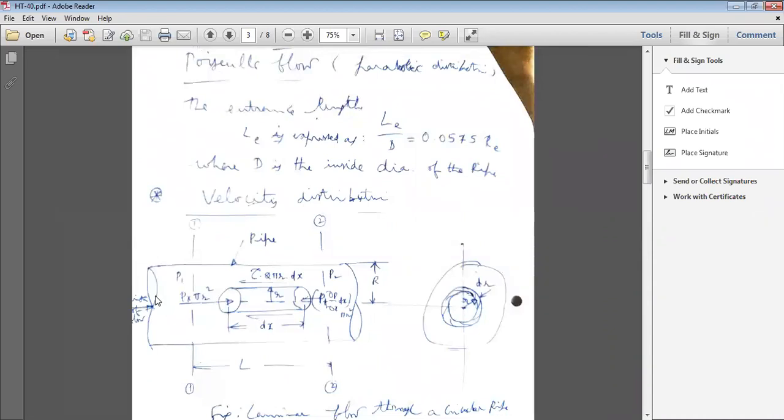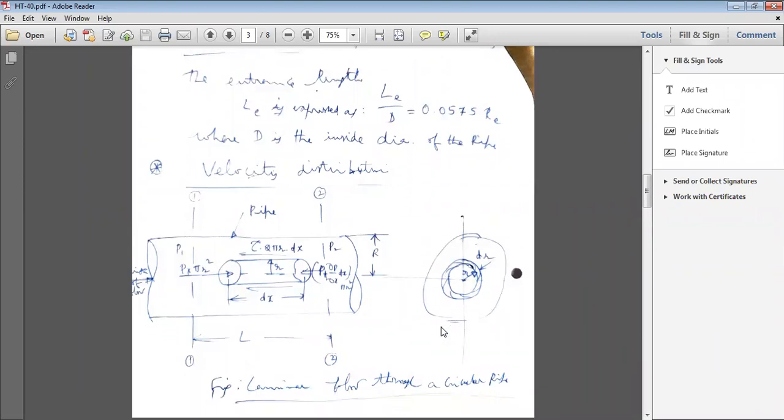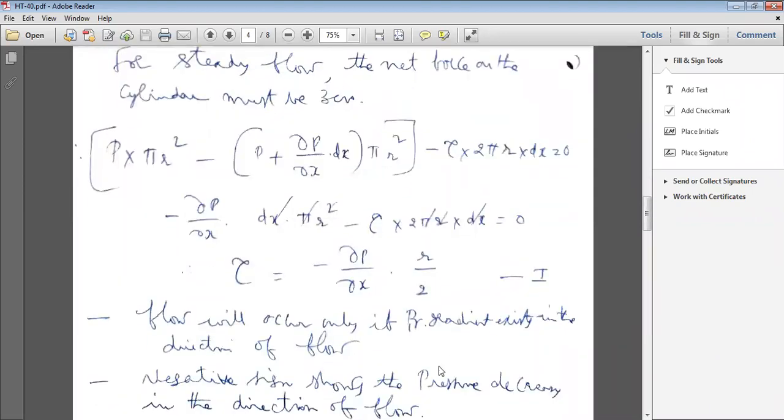If you observe here, whenever fluid is flowing like this, there is maximum pressure here, and pressure decreases throughout the length, with less pressure here. Here also pressure slightly decreases. Like that, pressure decreases in the direction of the flow. That's why the negative sign indicates that the pressure decreases in the direction of flow.